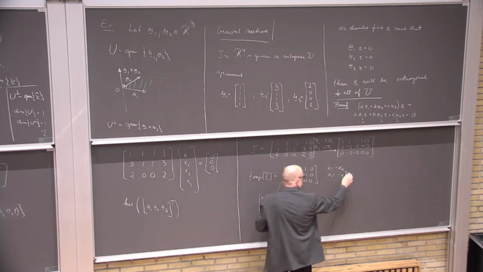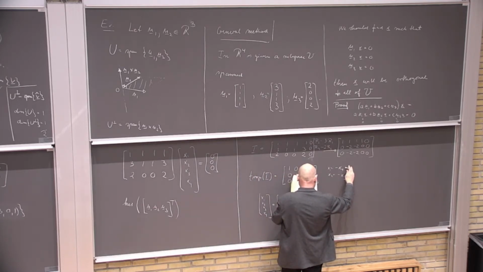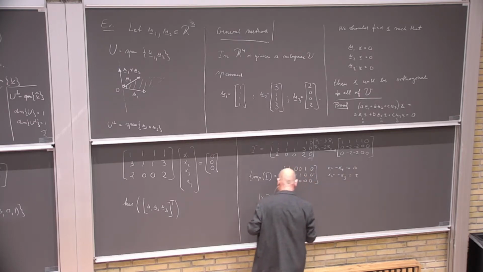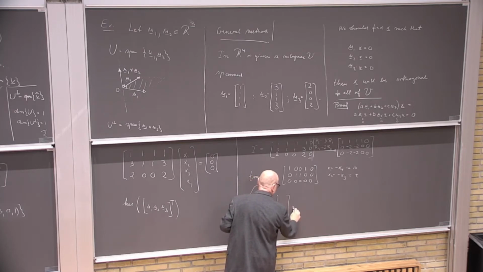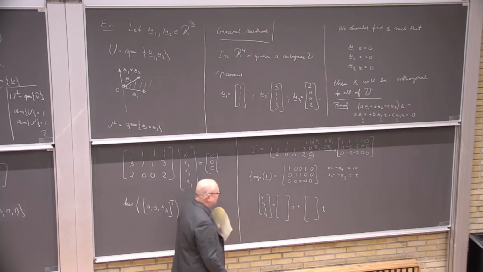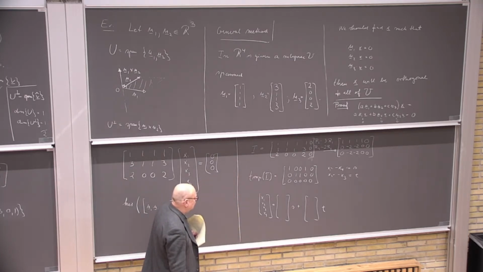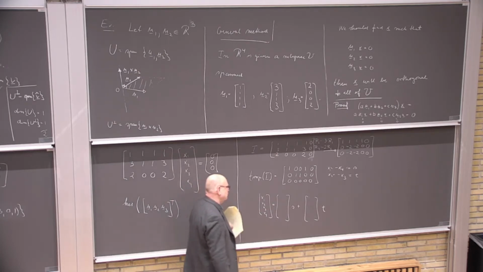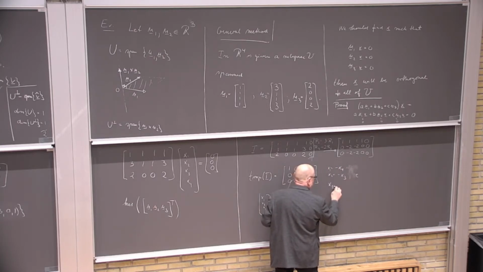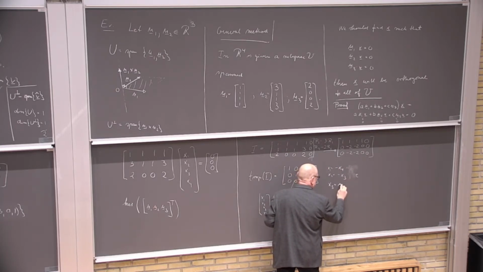Let me call this S and this T, then I have this times S plus this times T. This is not good. Let me do it as we used to do. x3 is S and x4 is T.